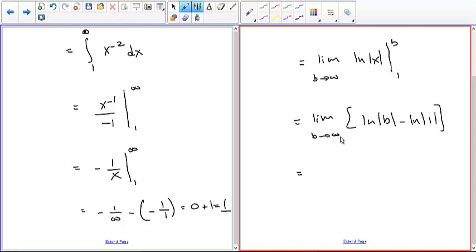So again, by plugging infinity in here, we don't get an indeterminate result. So you'll have the natural log of infinity minus 0. That's 0 because the natural log of 1 is 0. But the natural log of infinity is still infinity. So what we can say, therefore, is that the integral from 1 to infinity of 1 over x dx does not exist.